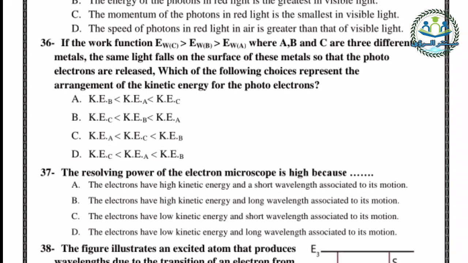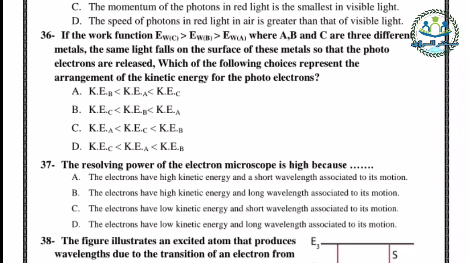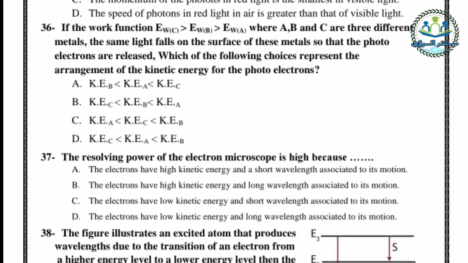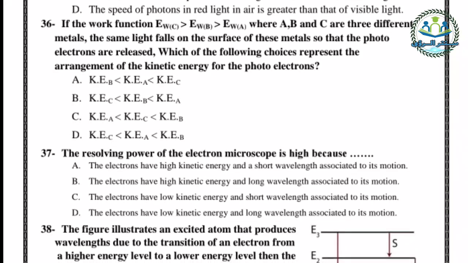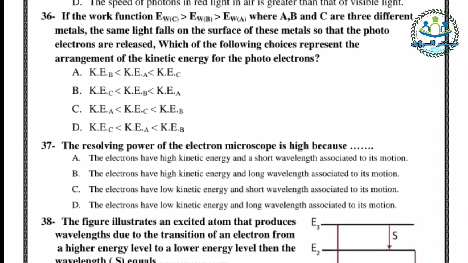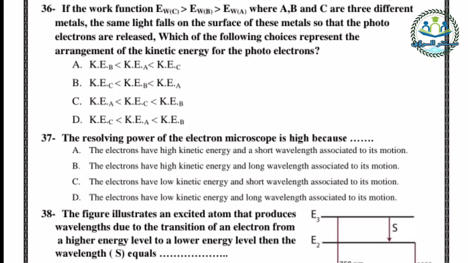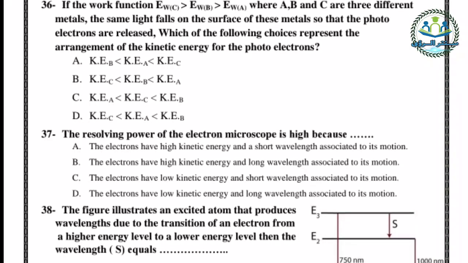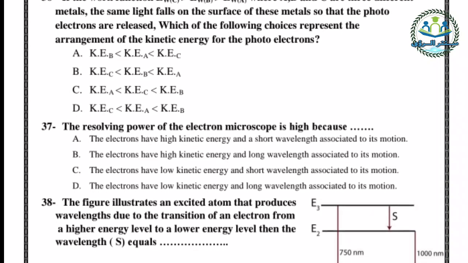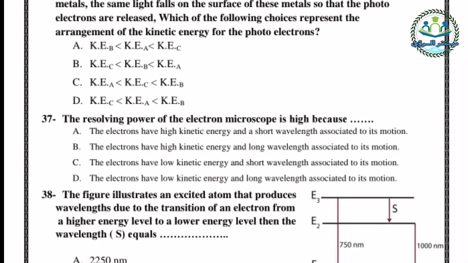A. KE_B is less than KE_A is less than KE_C. B. KE_C is less than KE_B is less than KE_A. C. KE_A is less than KE_C is less than KE_B. D. KE_C is less than KE_A is less than KE_B.